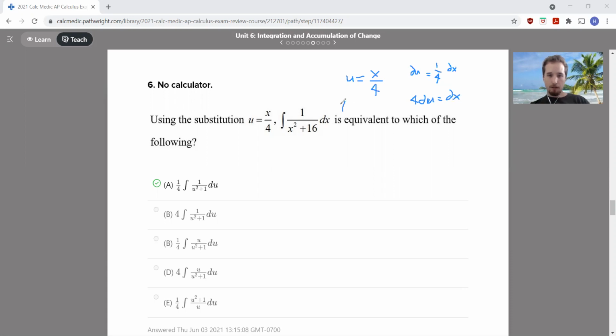And by the same token, 4u is equal to x. So we have 1 over x squared plus 16 dx.